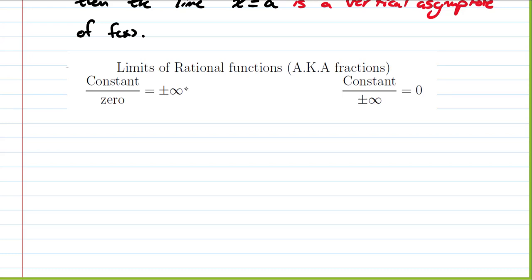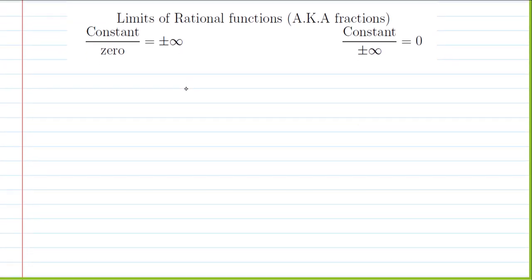Then you get bigger and bigger, a billion, a trillion. You just keep putting more zeros on and it gets smaller and smaller. It will always approach 0. So constant over 0 is infinity. A constant over infinity is always 0. So those are going to be our rules that we're going to use to help us calculate these values.